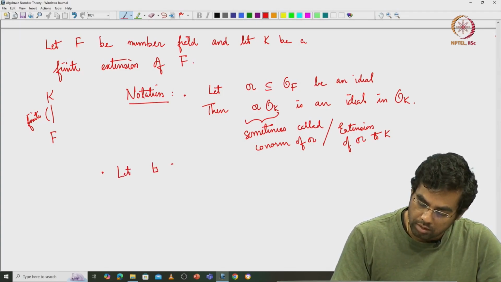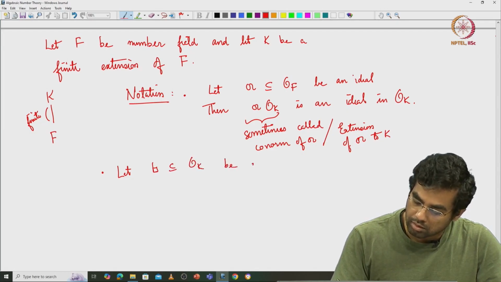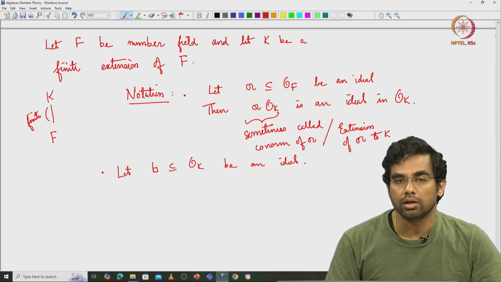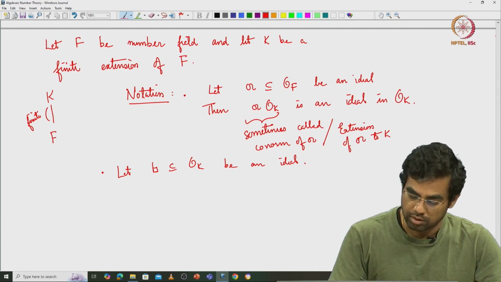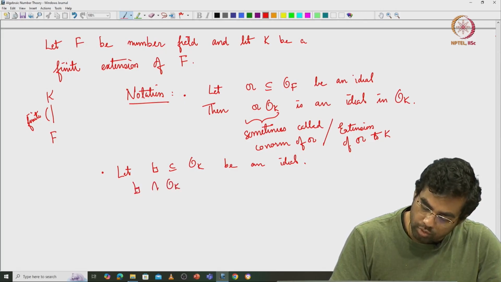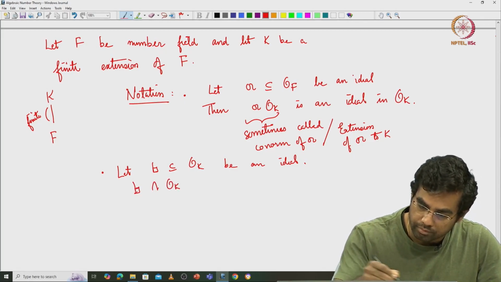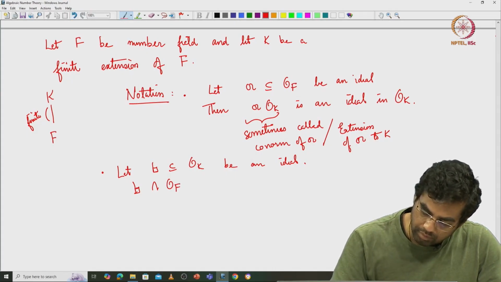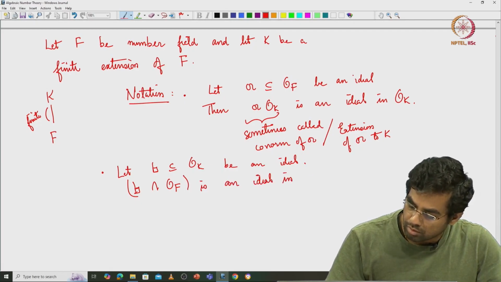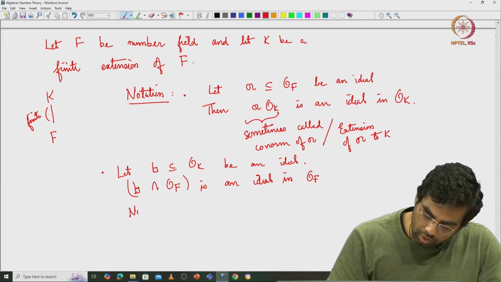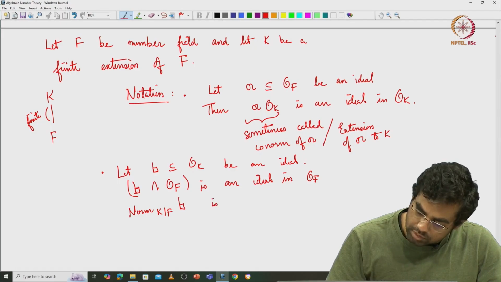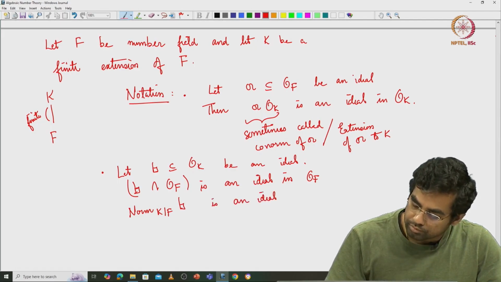So, on the other hand, let B be an ideal. Then there are two ways of getting an ideal inside OF from B. So, you can do B intersected with OF. This thing is an ideal in OF, or you can do the norm from K to F of B. This is also an ideal in OF.